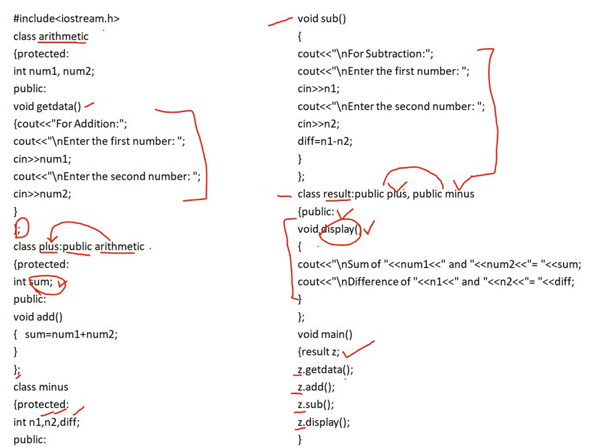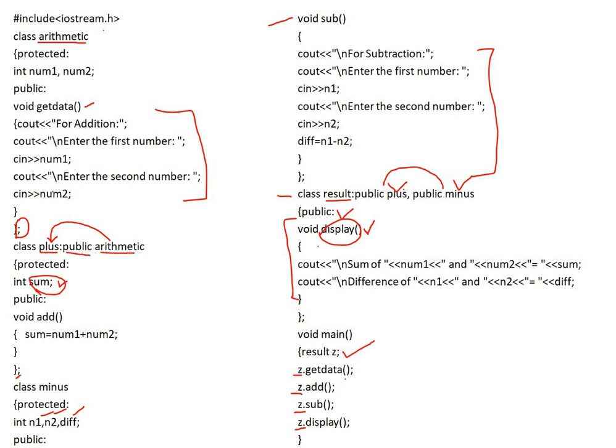Immediately execution control goes to the plus class and searches for the get data member function definition. If it is not available, execution control goes to the minus class and searches for the get data member function. There is no get data member function definition in the plus class as well as in the minus class.